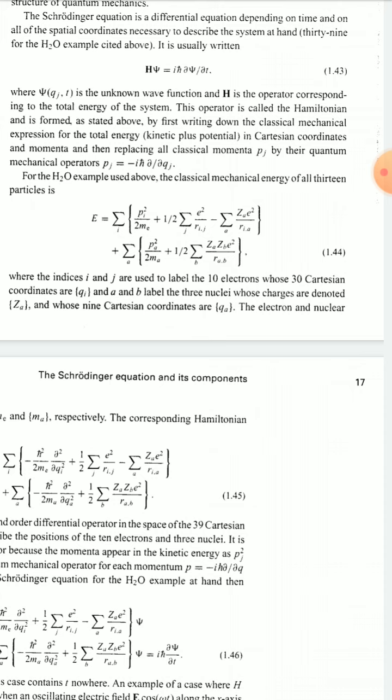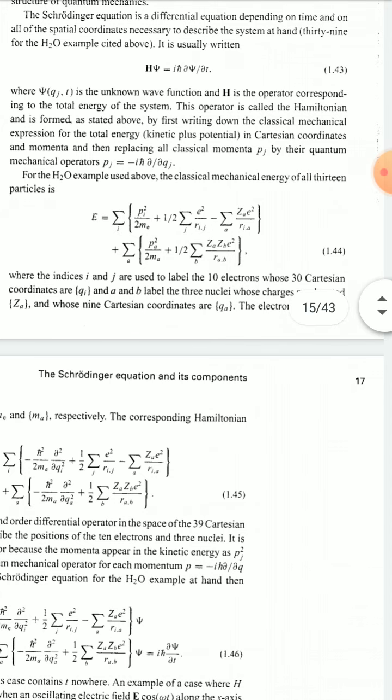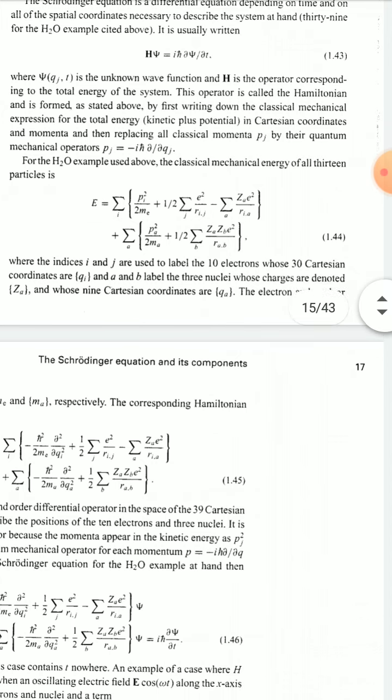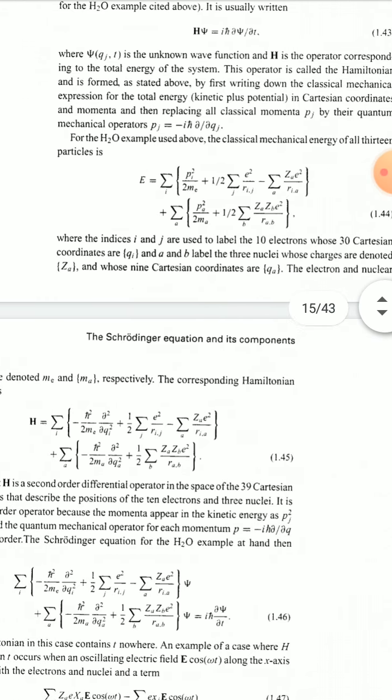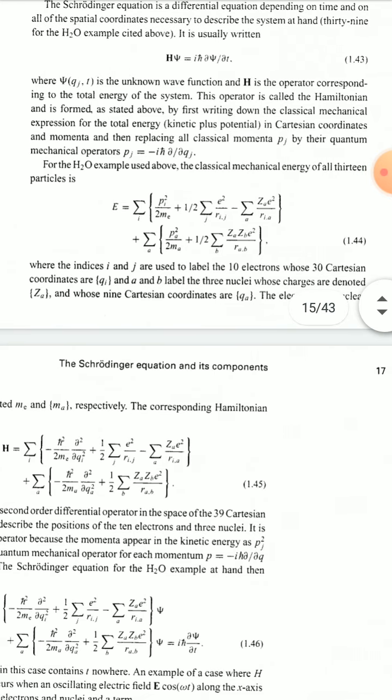For the H2 example used above, the classical mechanical energy of all 13 particles is written by equation 1.44, where the indices i and j are used to label the 10 electrons whose 30 Cartesian coordinates are qi, and a and b label the 3 nuclei whose charges are denoted Z and whose 9 Cartesian coordinates are qa.